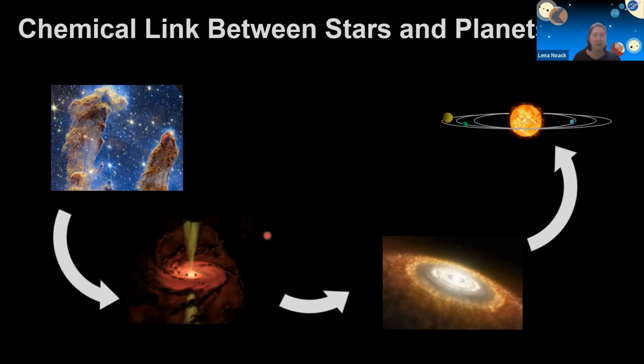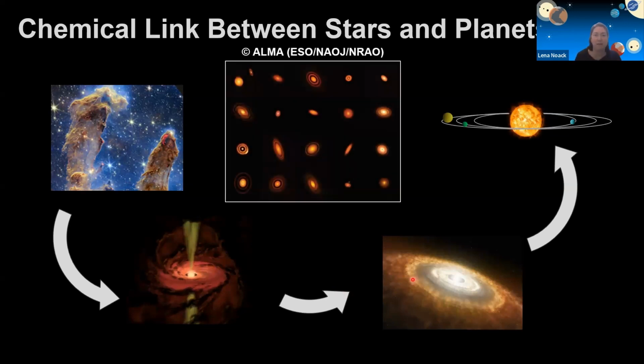And the reason why the star matters here is that when we think about the evolution of stars themselves from their birth to forming an accretion disk around a star and planets forming in this accretion disk, means that there is actually a chemical link between the formation of stars, the stellar clusters, and the planets later on. And these accretion disks have for a long time been theoretical models, but now thanks to the ALMA array, we actually have visualization.